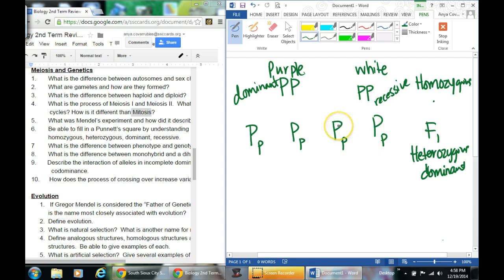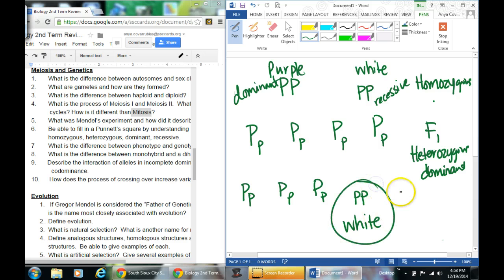But when he crossed them again, he got big P, little p, big P, little p, big P, little p, and he got one little p, which turned out to be white, not a blended white, but a full white. We got a homozygous recessive, which showed that these recessive genes were being passed down.